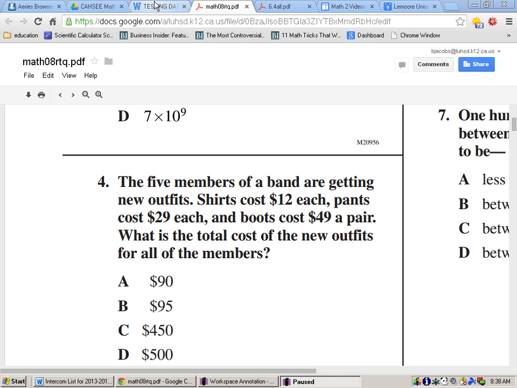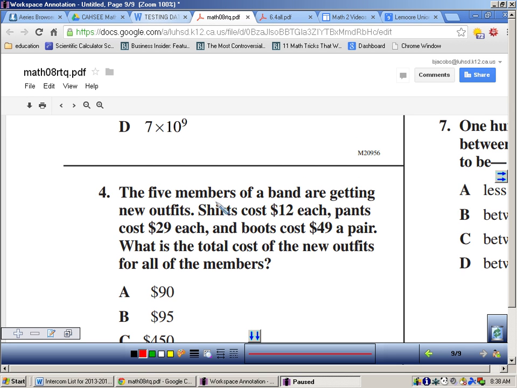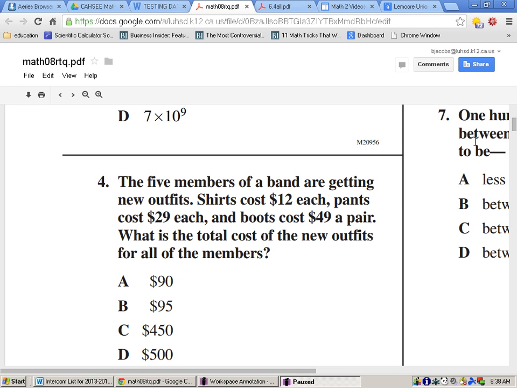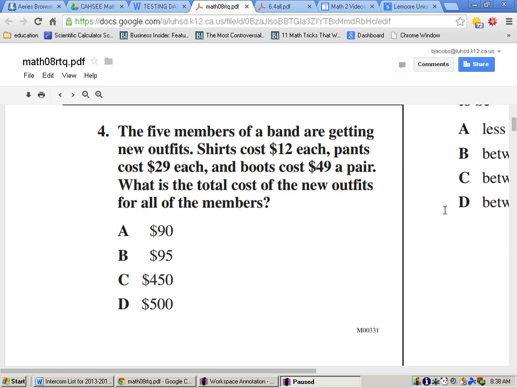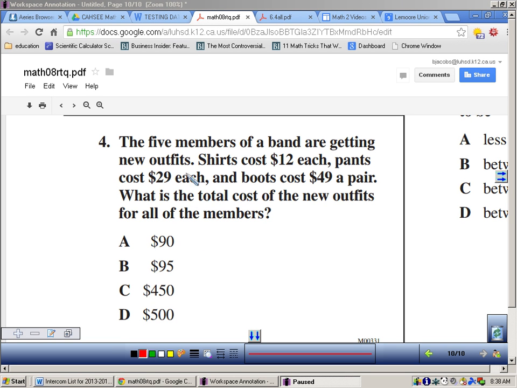And one more question. It says we have a 5-member band. Let's fix that. Don't like the way that looks. Okay. A 5-member band. They'll get new outfits.